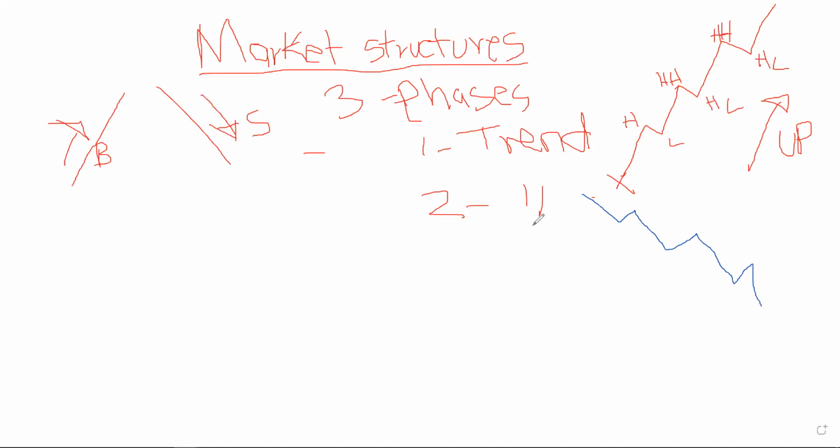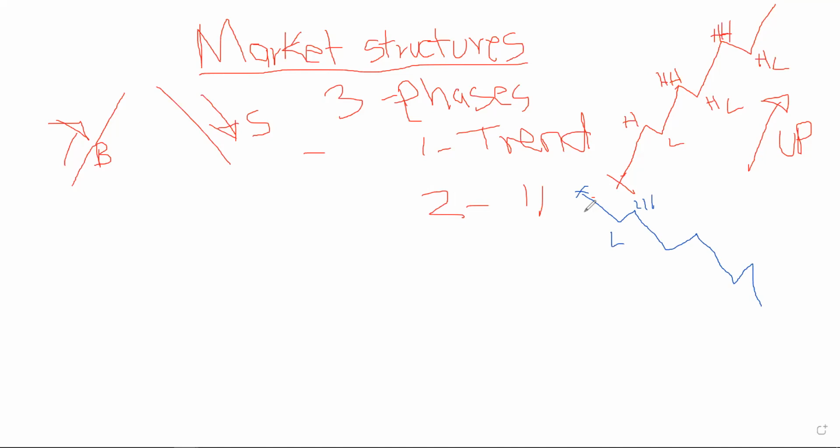Something like that. And here, the opposite is what happens. So if this is a point X, we say this is a low, and this is a lower high. Sorry, a higher low.